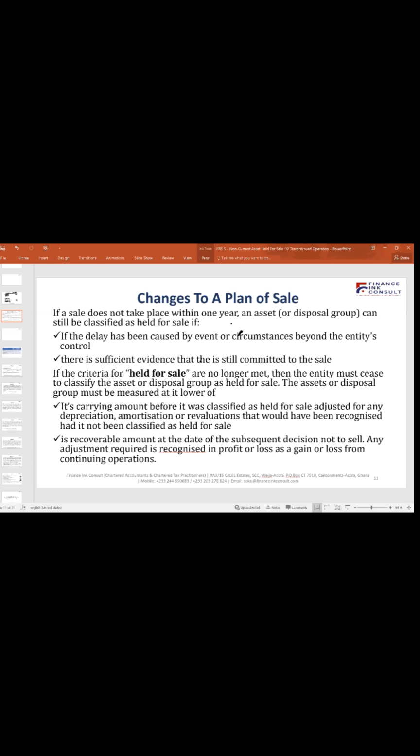If the criteria for held for sale are no longer met, so all those criteria we listed, then the entity must cease to classify the asset or disposal group as held for sale.